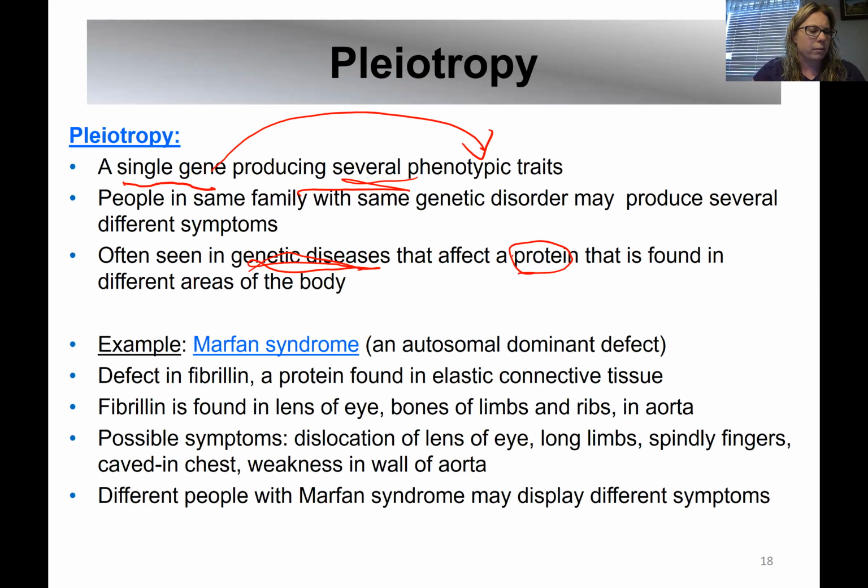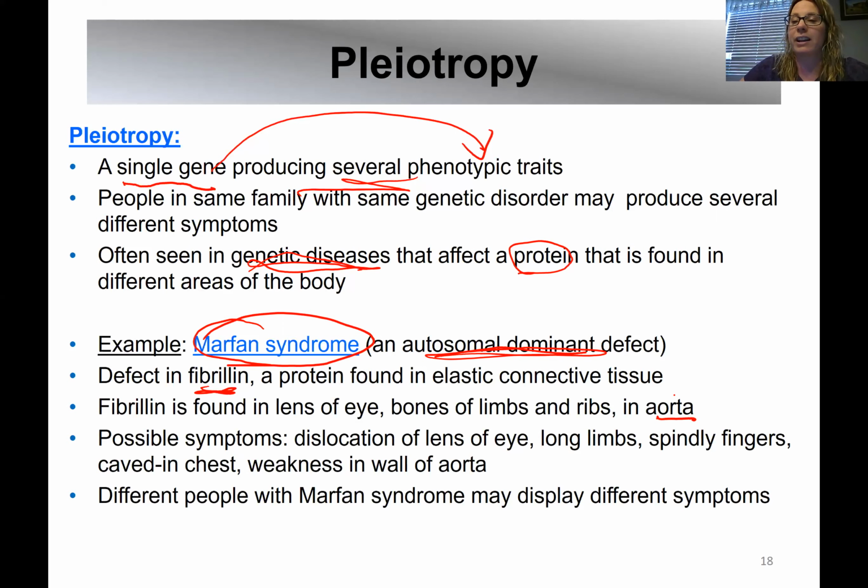And an example of a pleiotropic gene is the gene that causes Marfan syndrome, which is an autosomal dominant disorder. The mutant gene causes a defect in a protein called fibrillin, and that fibrillin is going to be found in connective tissue, in elastic connective tissue, like in the aorta. Remember in the cardiovascular system, we said how the aorta expands and contracts and pushes blood around to help maintain blood pressure.